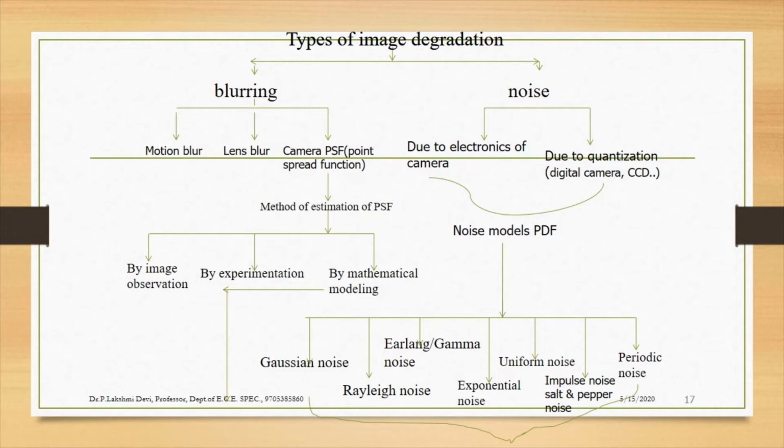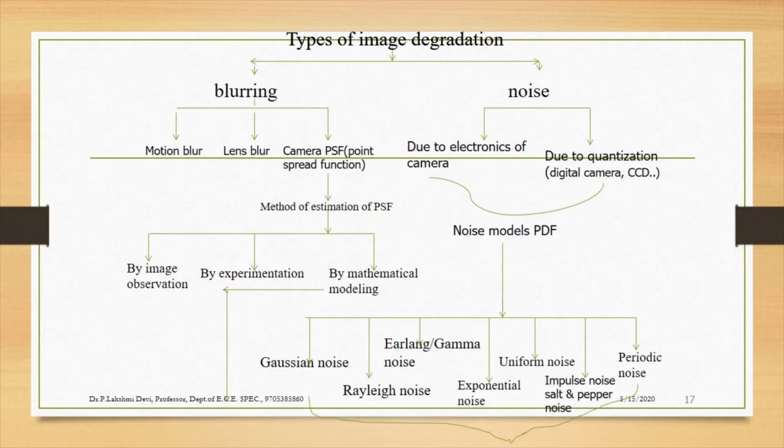These are the main cases for blur occurring in images: one is motion blur, another is lens blur, and the third is due to the point spread function of the cameras. So what are the different methods for estimating this point spread function of cameras? The first is image observation, the second is experimentation, and the third is mathematical modeling.